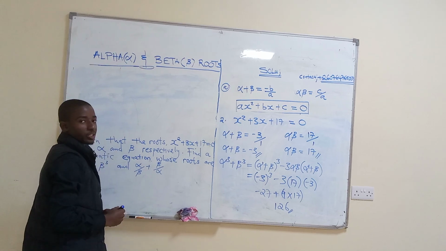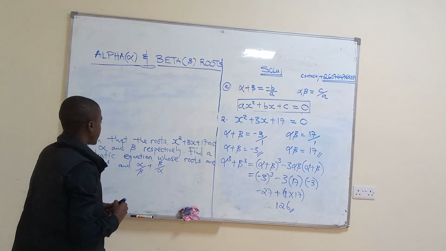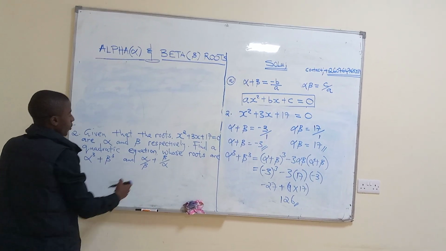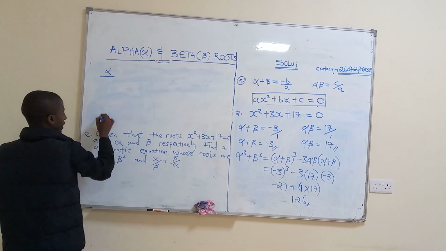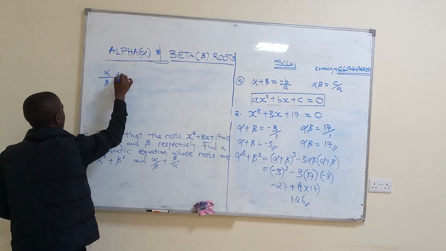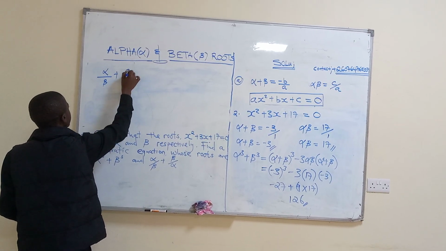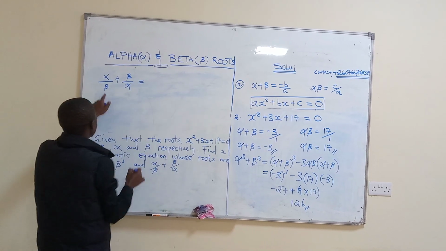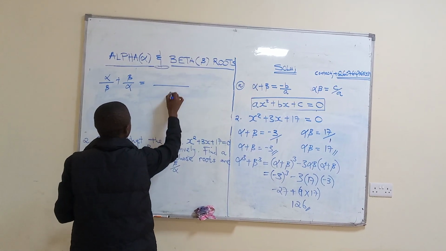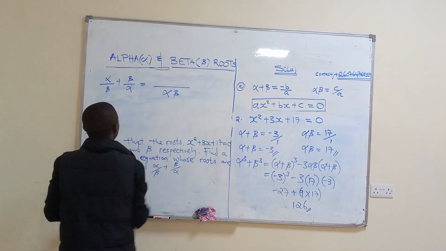And then from there, I'm also going to find the value for alpha over beta plus beta over alpha. So my common denominator here is alpha beta.